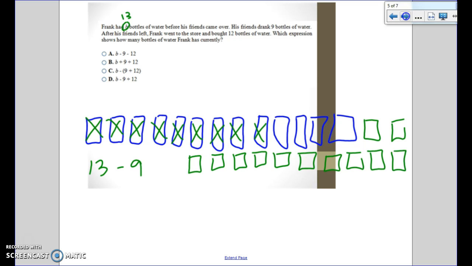These are the shorter, stouter type of bottles, apparently. Anyway, he added 12 onto the number that he had remaining. Okay, so he started with this number, 13, but really we don't know how many he started with, so we'll pretend he's B, we're not sure. And then we're subtracting 9 and adding 12. And that'll be the number of bottles that he now has. So in this case, we'll say that D would be the expression that we're looking for.